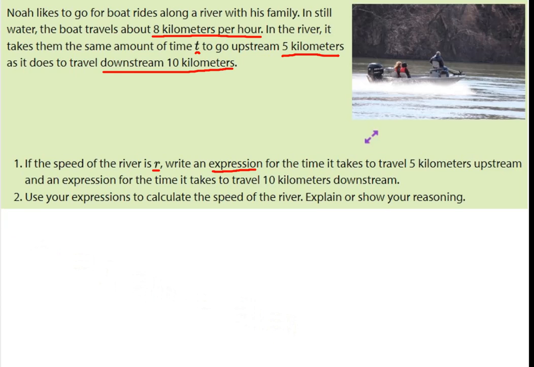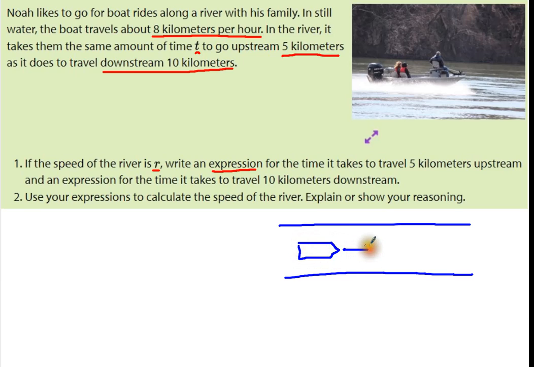All right, well, I'm going to start with a little sketch. So here is a bird's eye view of the river. Here's my boat. Nice boat. My boat is going this direction, and it is going 8 kilometers per hour.